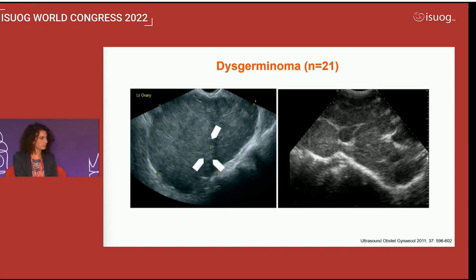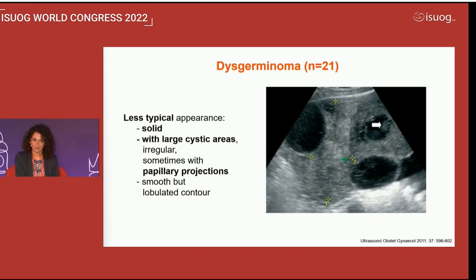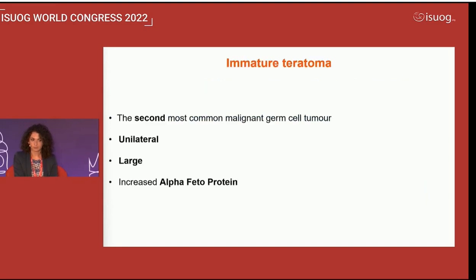But as you mentioned, Antonia, indeed, the ultrasound appearance was not the ultrasound appearance of a typical ovarian fibroma, at least. No. There was some heterogeneity. And they are usually moderately or highly vascularized. Sometimes they can also have large cystic areas with some papillary projections, but this is a less common ultrasound finding. What about immature teratoma?